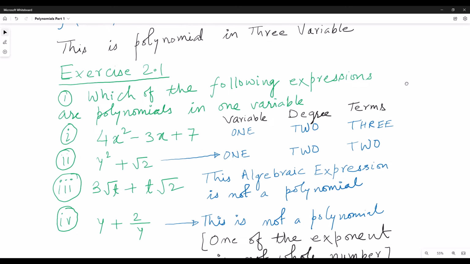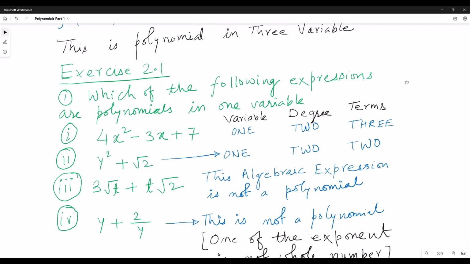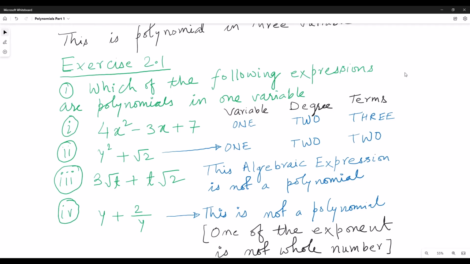The variable is 1, degree is 2, and terms are 3. So the first expression is a polynomial in one variable. So the answer is the first. Because the variable is only one, this is a polynomial in one variable.